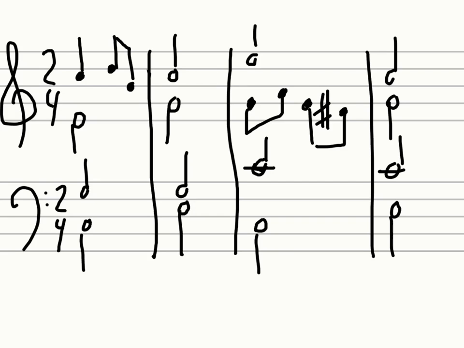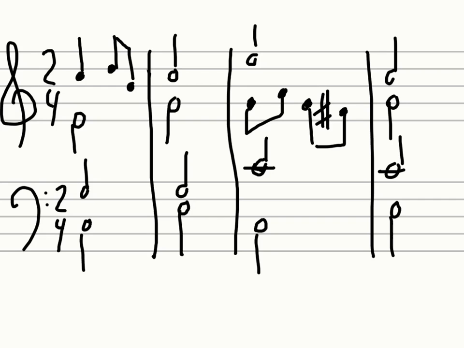So in this case, you can hear upper neighbor, lower neighbor, and going back to the C, which is the chord tone. I'm skipping directly from the upper neighbor to the lower neighbor.